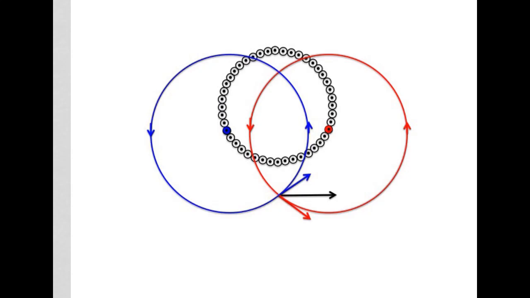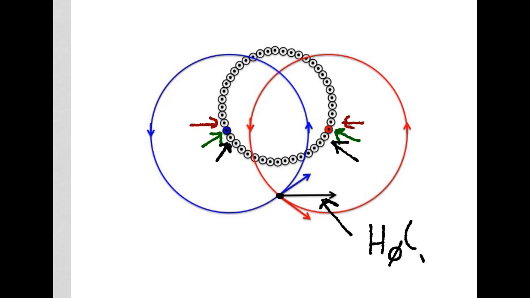So what we can do is use superposition and just keep taking pairs of current filaments like this all around the circle, computing the corresponding magnetic field intensities and summing those. We would find then that the magnetic field intensity at this point due to the cylinder is h sub phi of rho in the a sub phi direction.